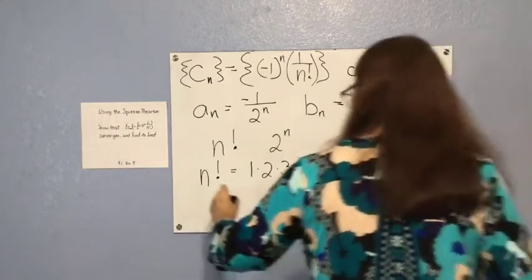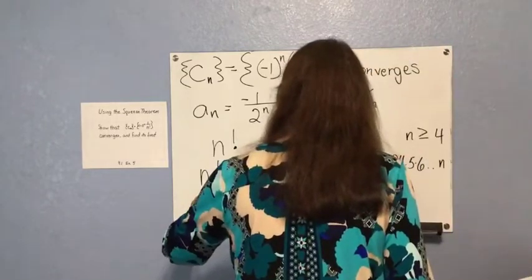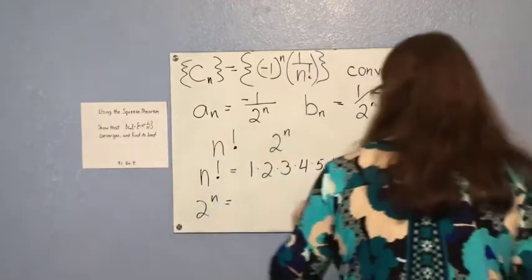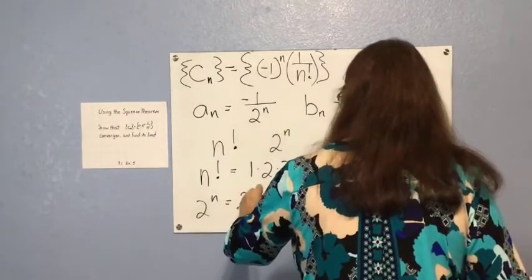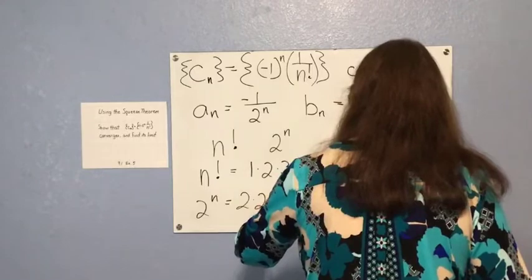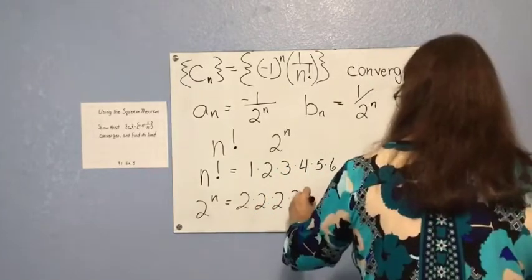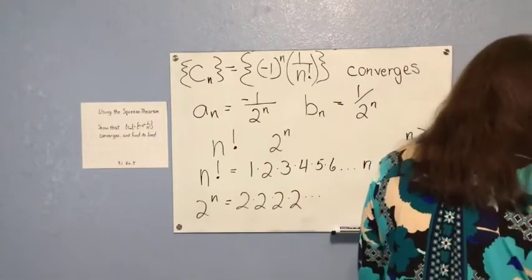And now let's look at 2 to the n power, which is equal to 2 times 2 times 2 times 2 and so on.